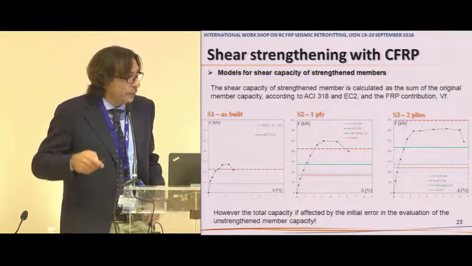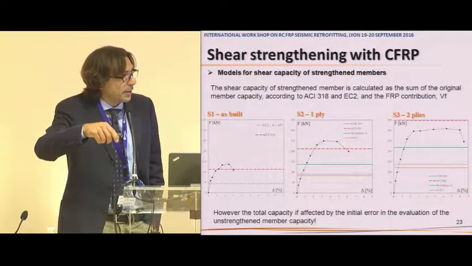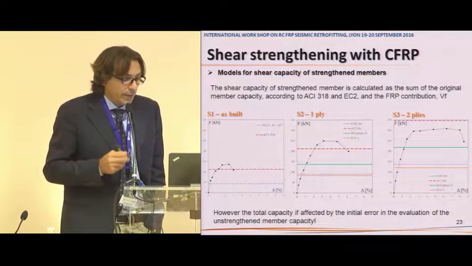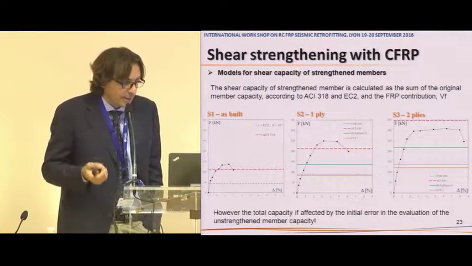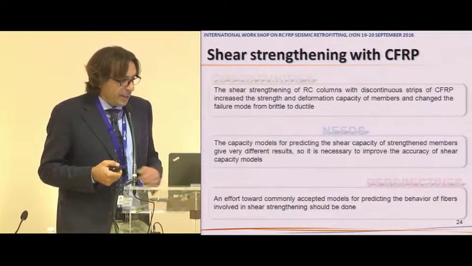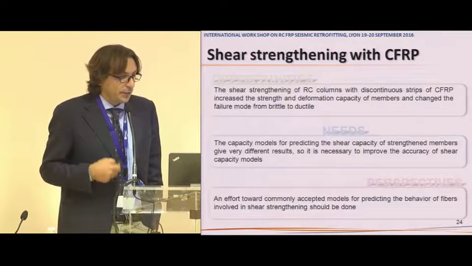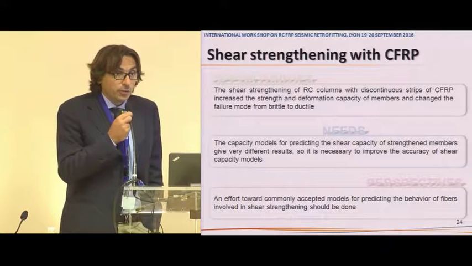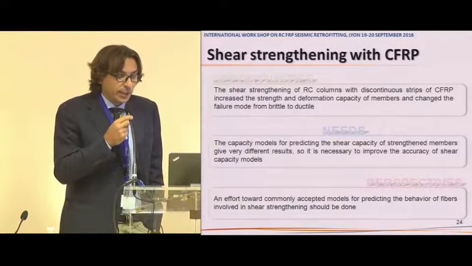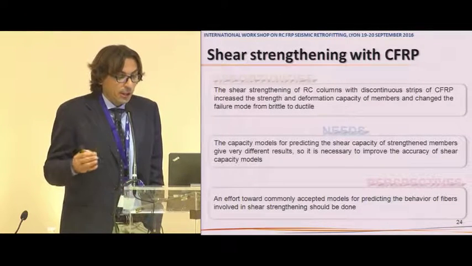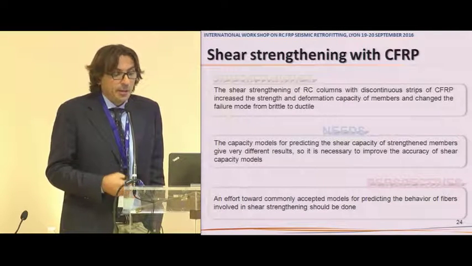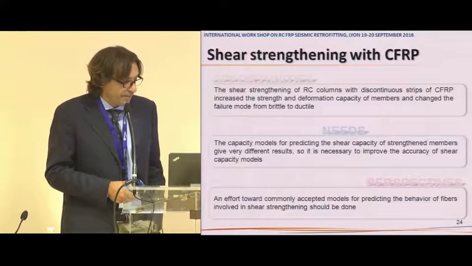So if we compare the theoretical prediction with the experimental result, we have really conservative predictions, and in several cases also very large variation between the theoretical results and between theoretical and experimental results. So again, even if shear strengthening is clearly effective, we need to focus in the future to try to find a unified approach in the several international guidelines to reliably predict the shear capacity increase by using FRP systems.